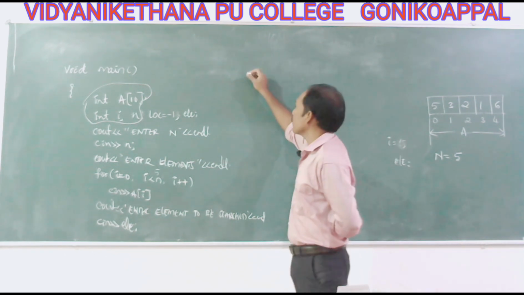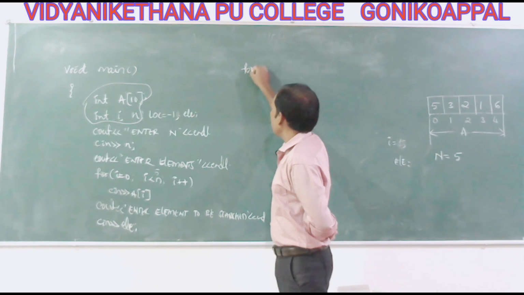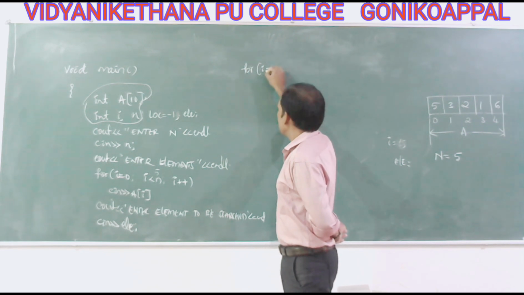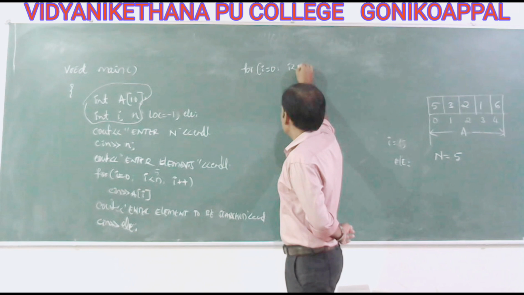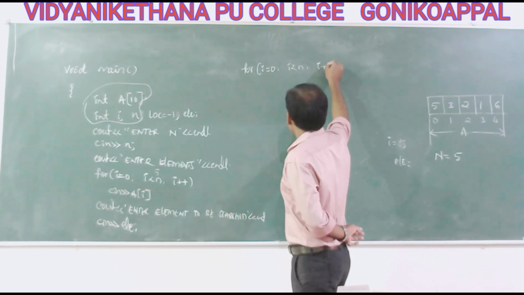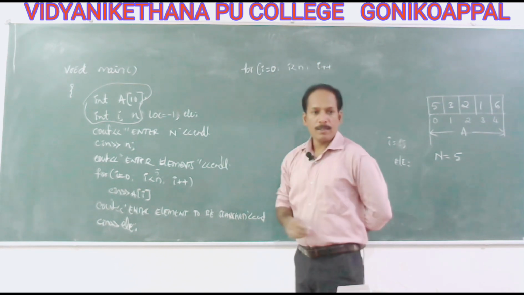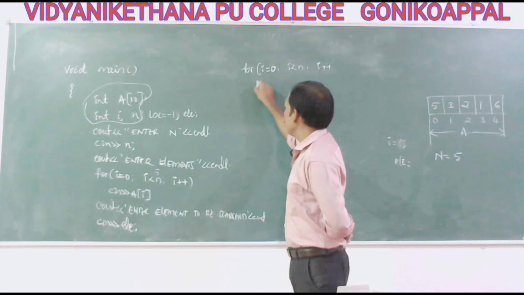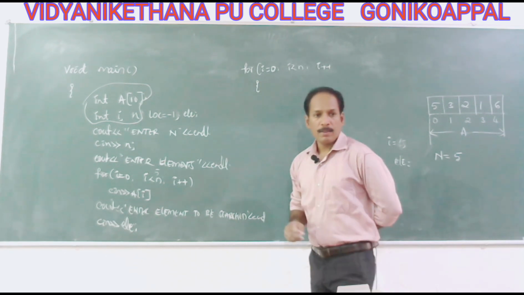So now we'll do the linear search procedure. What does linear search say? Start from the first element. For I equals 0, I is less than n, I plus plus. Start from the first element to the last element. So what we are doing? Comparing.